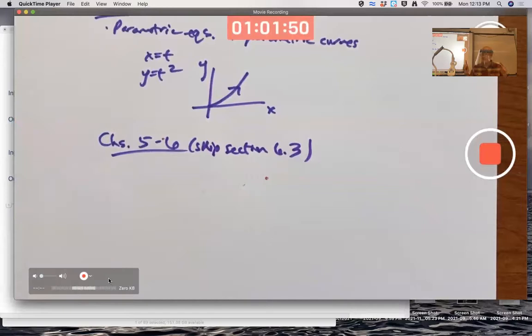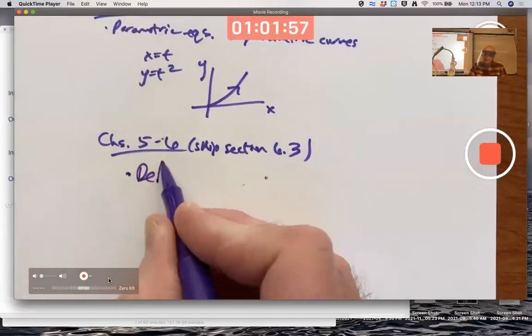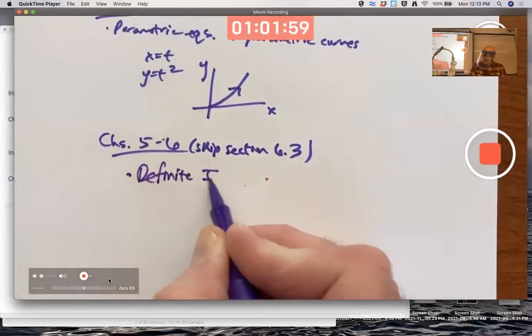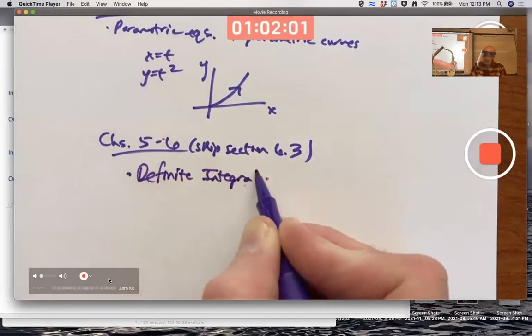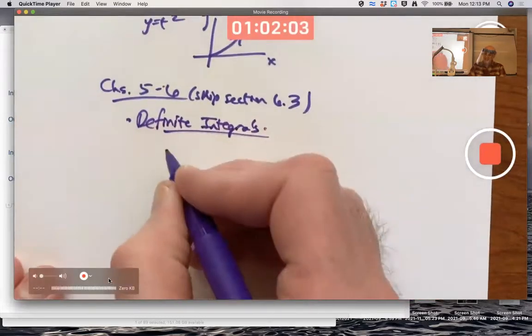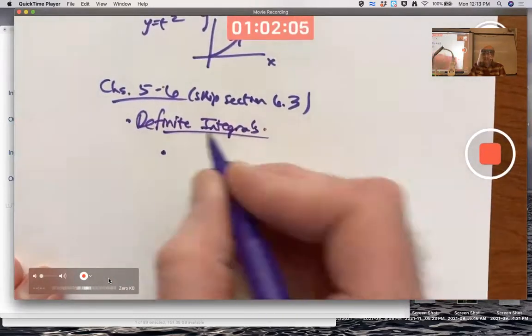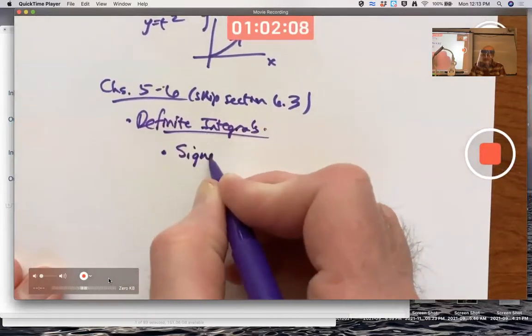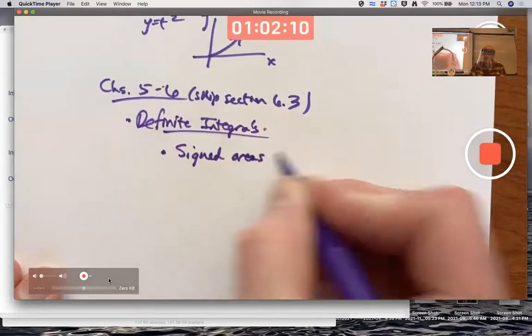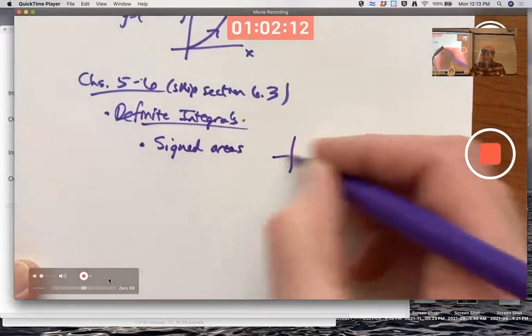But we have talked about the fundamentals of integration, definite integrals, including how to interpret them in terms of areas and more generally signed areas. Draw a quick picture here.